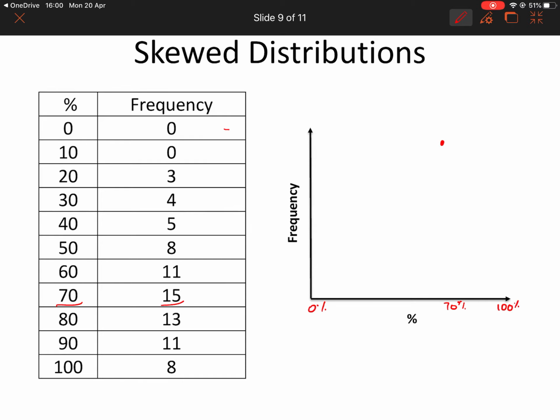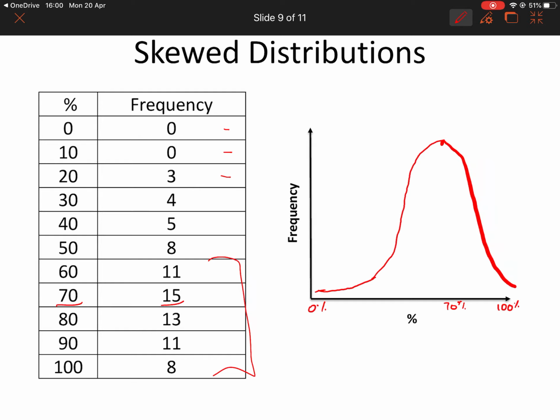We can see that we've got very few people getting low scores, and we've got most people achieving 60 to 100%. So this tells me that I've got a tail here with a low frequency, or only a few students achieving very, very low scores. I can see that the most frequently occurring score is 70%, and then most scores are clustering at that right-hand side of the graph.